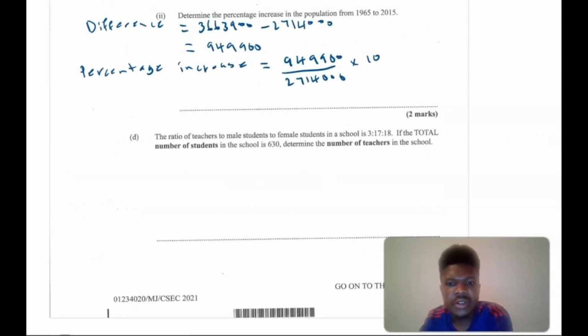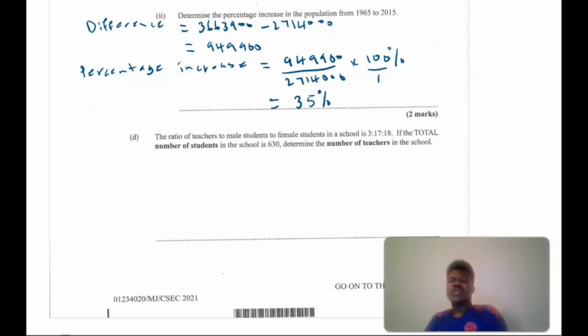And this is going to give us 35%. So the population would have increased by 35%.